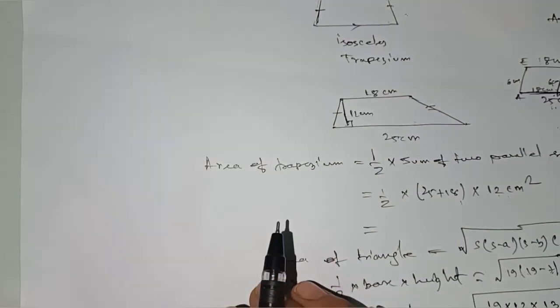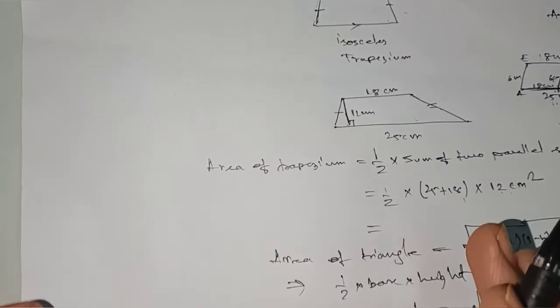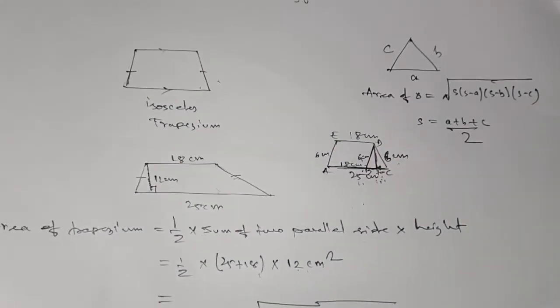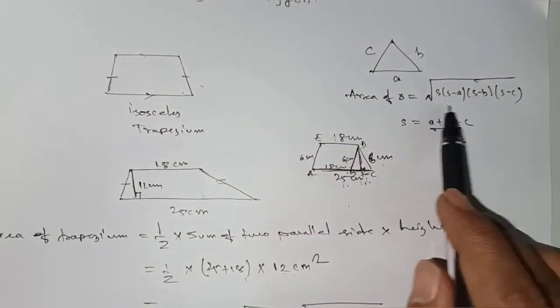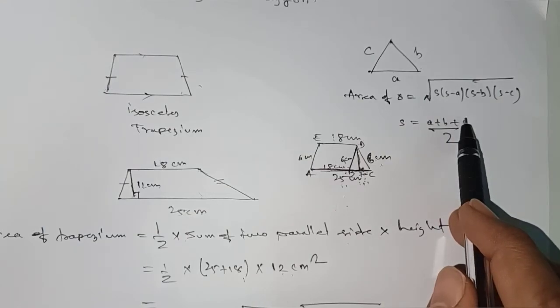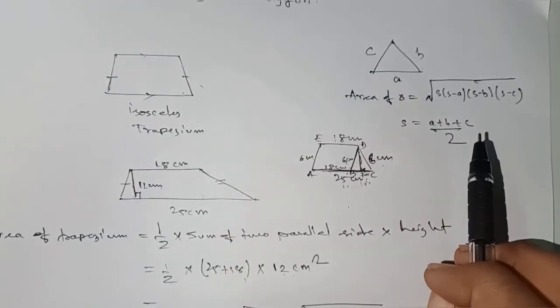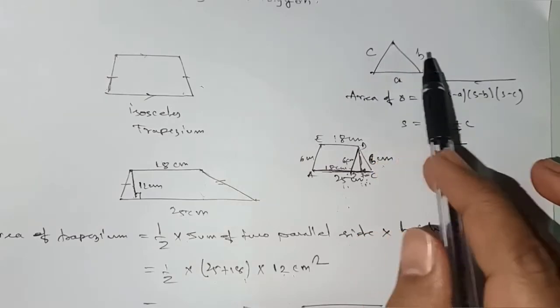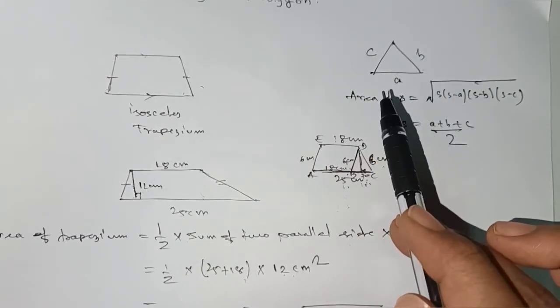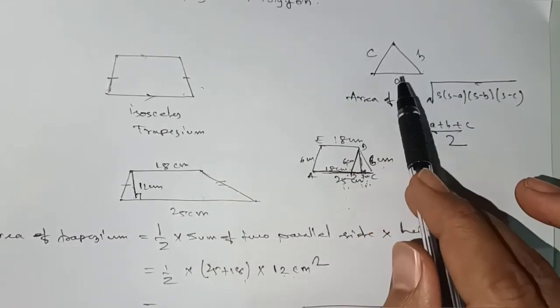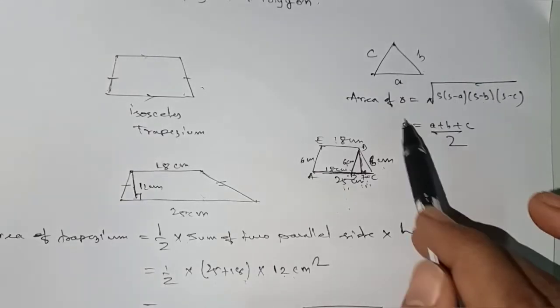Now if we proceed to area of triangle, you can see here we have already applied Heron's formula. So I hope that it is quite clear to you. If three sides have been given, then you can find the area of a triangle using Heron's formula.